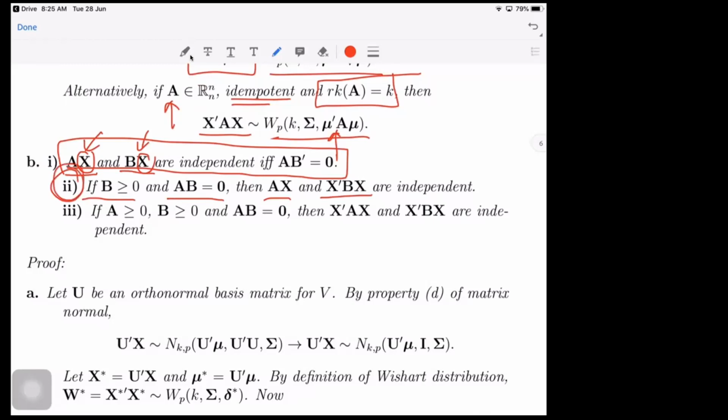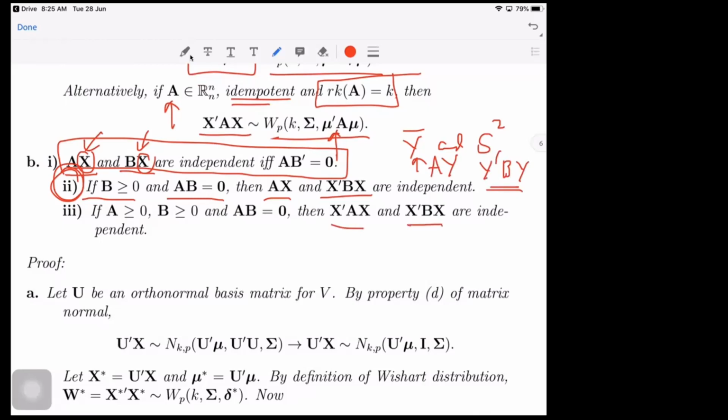This letter B is very useful when we are trying to prove that Y bar and S squared are independent, because we can easily write Y bar as a function of A, Y, and S squared as a function of Y prime B Y, no? So you can always transform S squared.